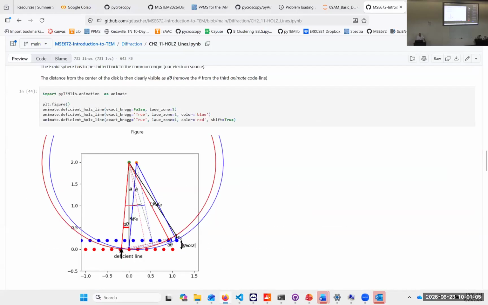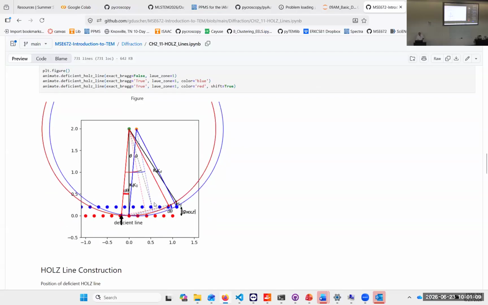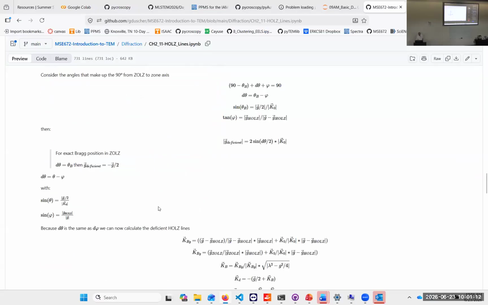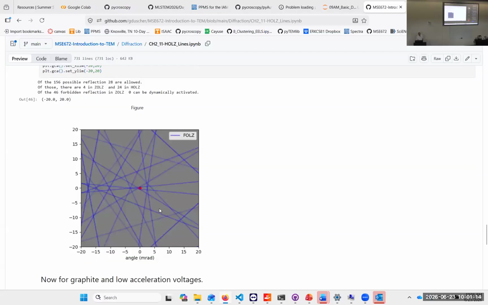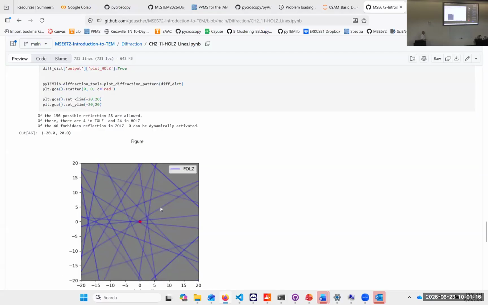Weird orientation, and then it's a lot of trigonometry here, but in the end you get these deficient lines from the higher order Laue zones. The interesting thing is this high angle diffractions make a signature very close to the center of your beam.